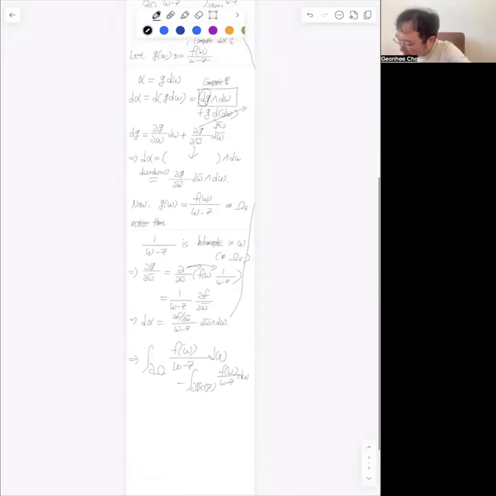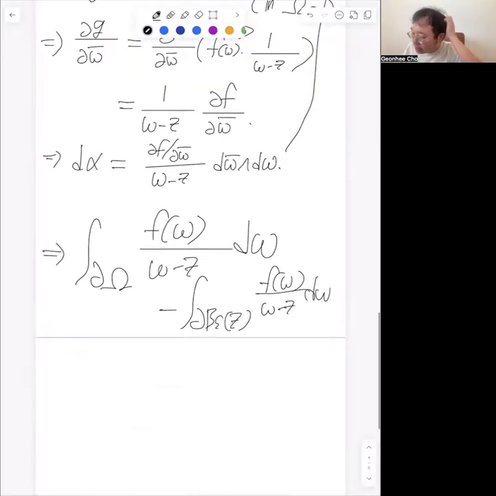Now it is the same, just replacing the expression of d alpha. So this is now the same as the double integral over this omega sub epsilon, and the alpha can be written as what we obtained.